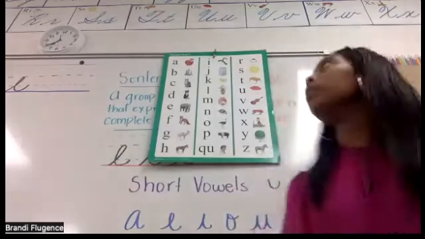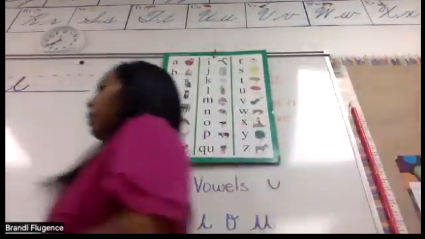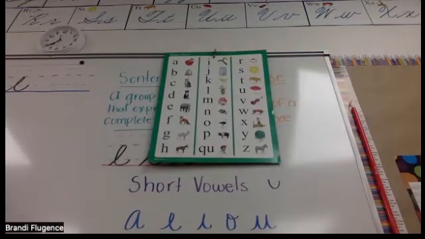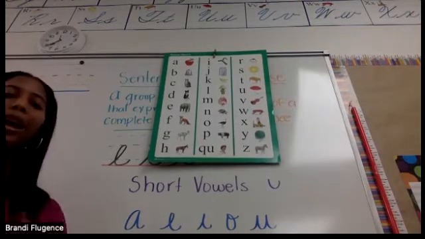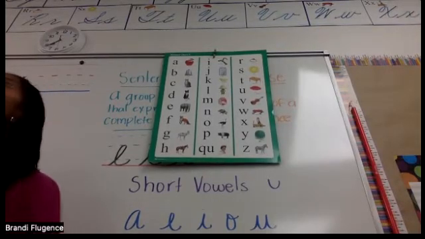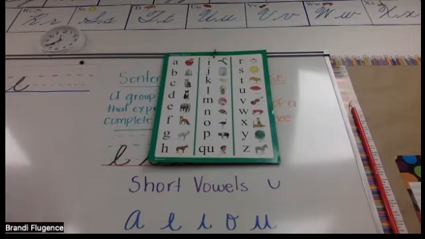A says a, apple. B says b, book and bell. C says c, cook and cat. D says d, dog.